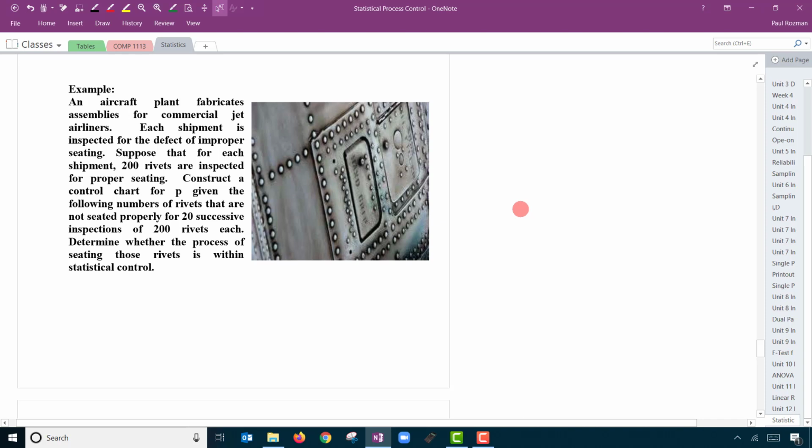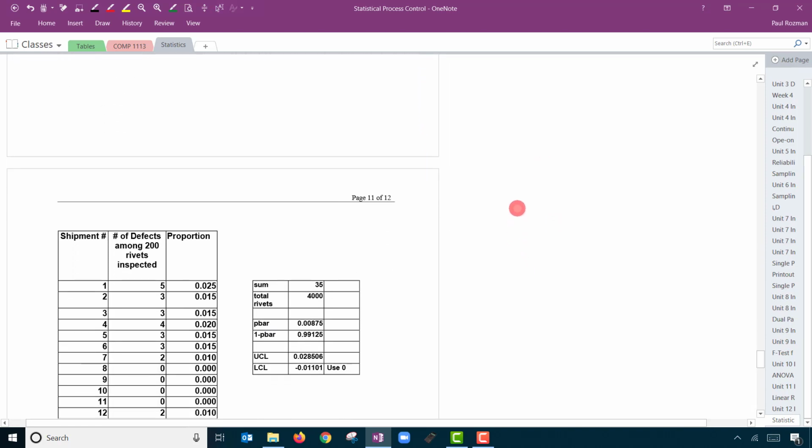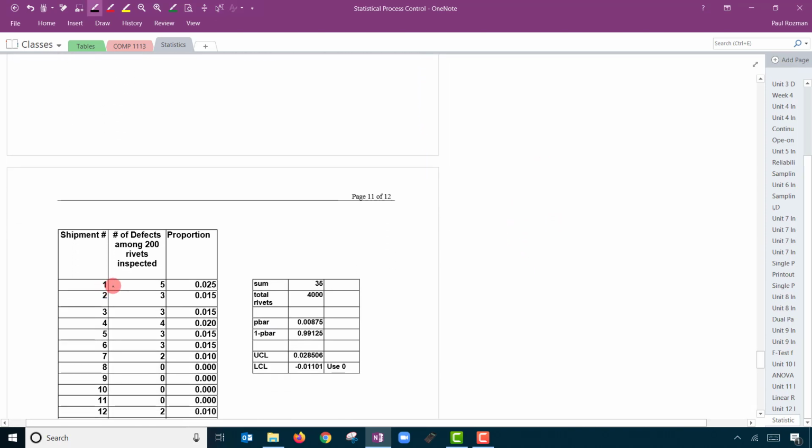We do that for 20 shipments, so say 20 different planes. Let's see if we're under control. Shipment number 1, we looked at 200 rivets, 5 were defective. So that day, the proportion of defectives was 0.025.